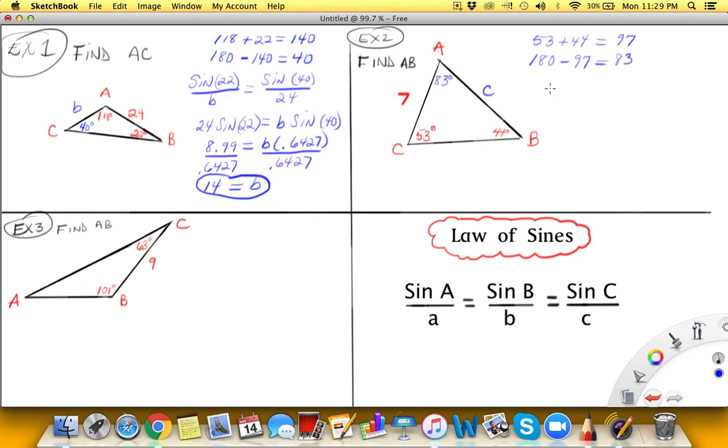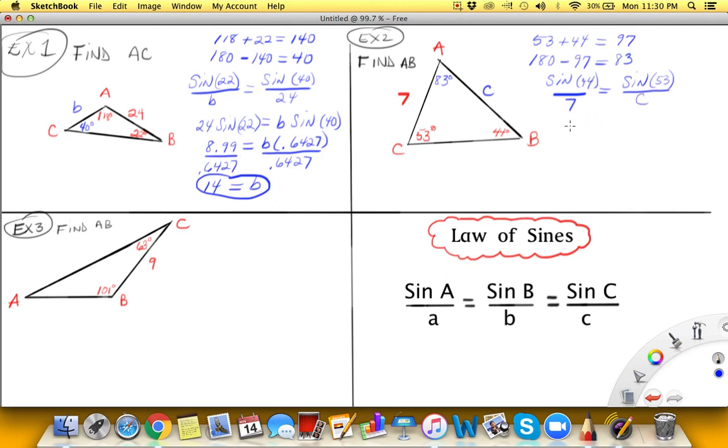When I set up my proportion, I have the sine of 44 over 7 is equal to the sine of 53 over c. And once again, we're going to cross multiply.